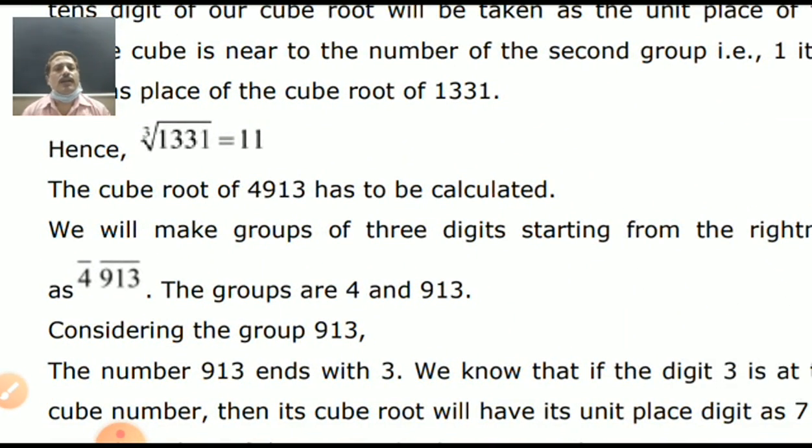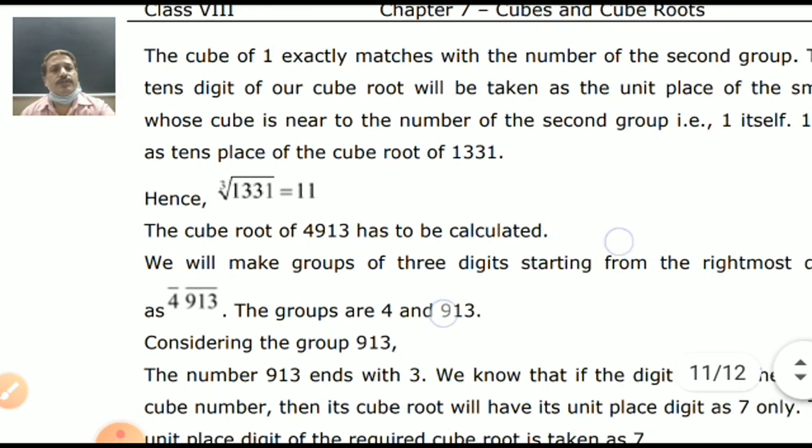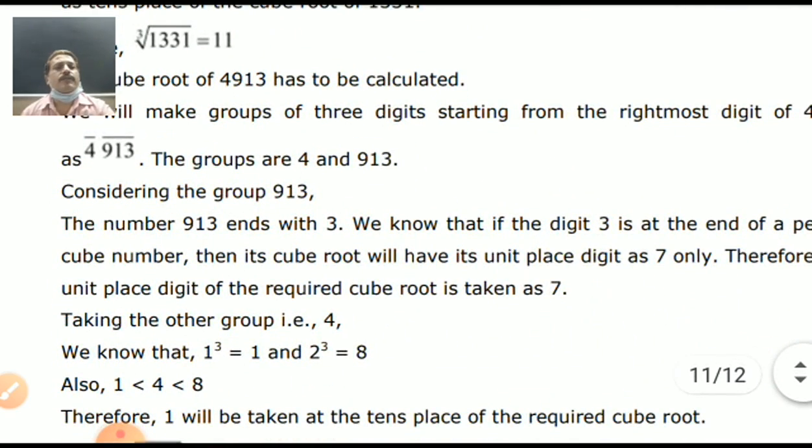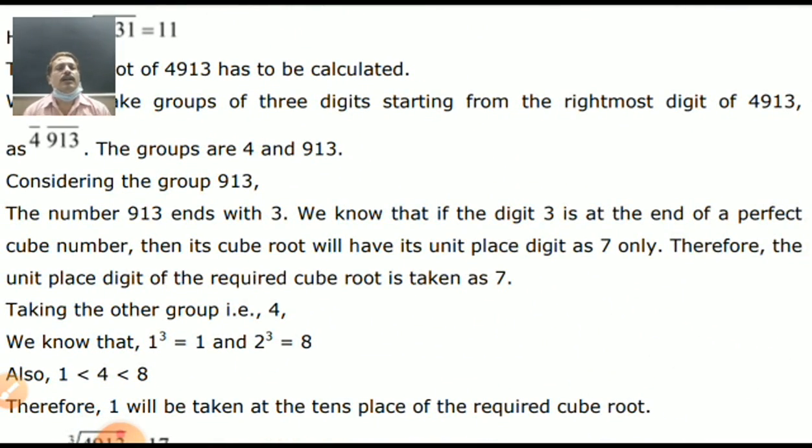Second one: the last digit is 3, so its cube root, if it is a perfect cube, will have its unit place as 7. Therefore, the unit place digit is 7. Now, what is left on this side? 4.